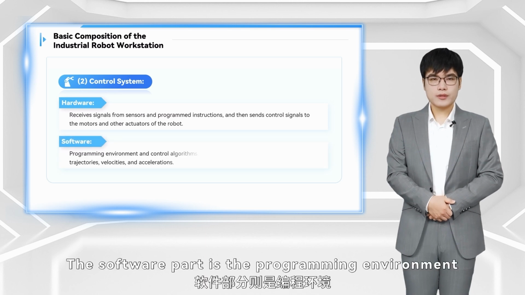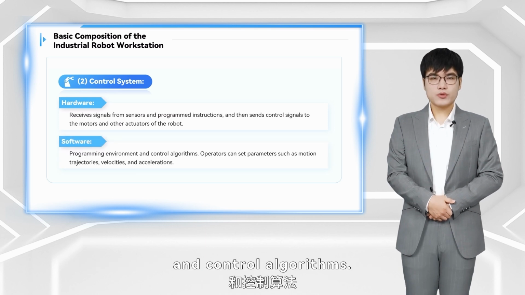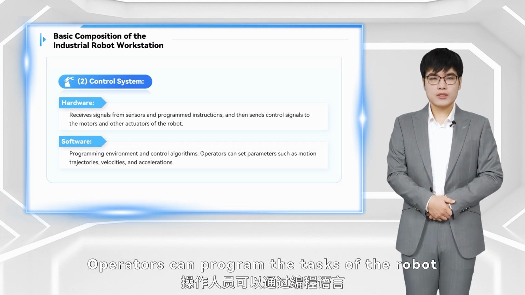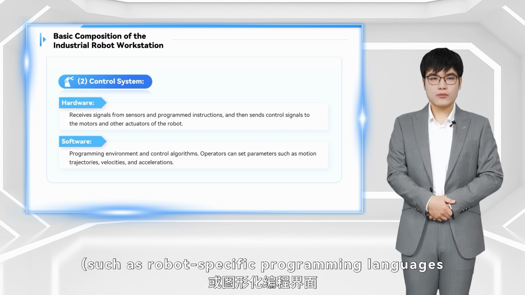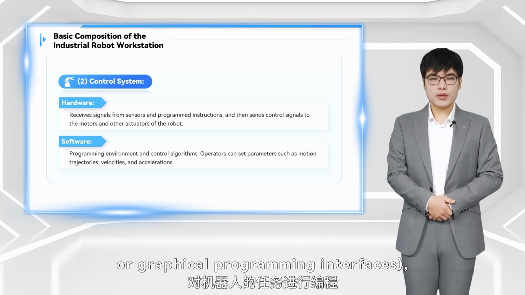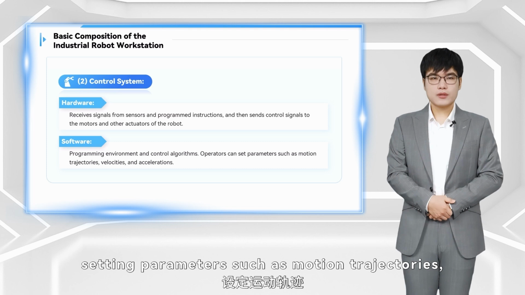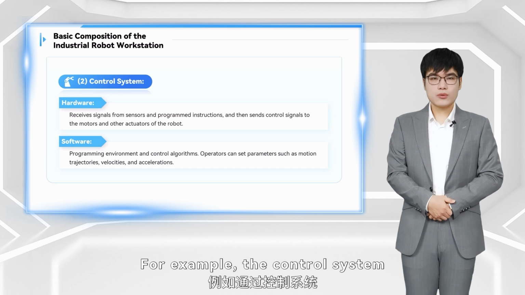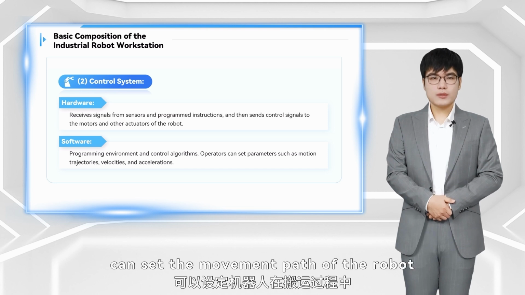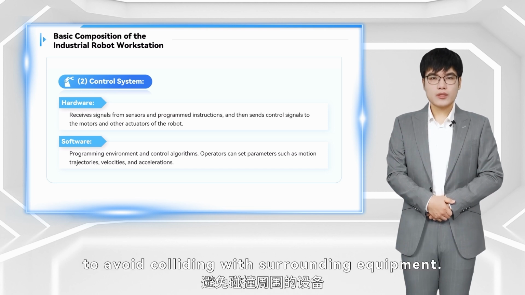The software part is the programming environment and control algorithms. Operators can program the tasks of the robot through programming languages, such as robot-specific programming languages or graphical programming interfaces, setting parameters such as motion trajectories, velocities, and accelerations. For example, the control system can set the movement path of the robot during handling to avoid colliding with surrounding equipment.